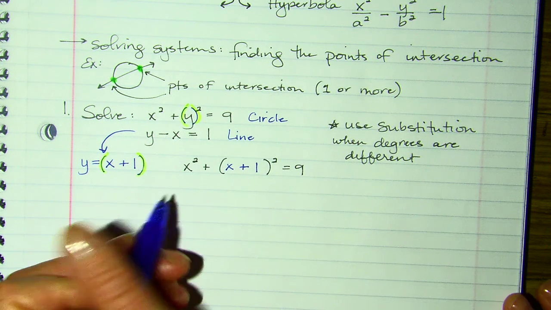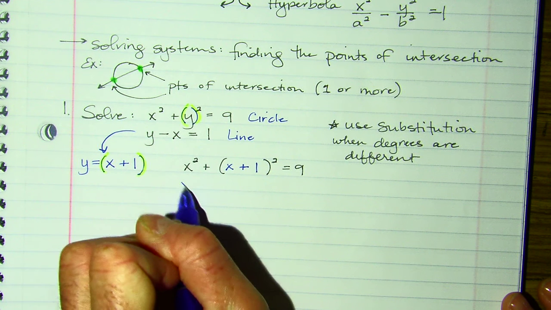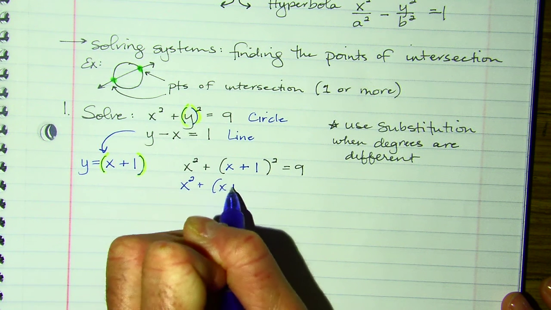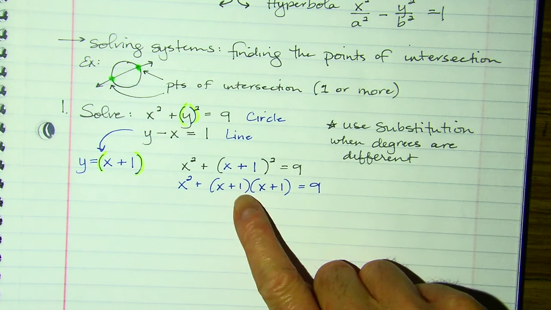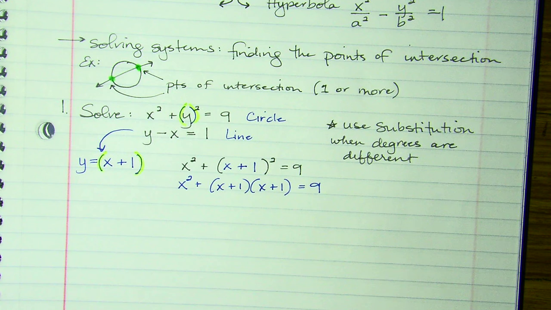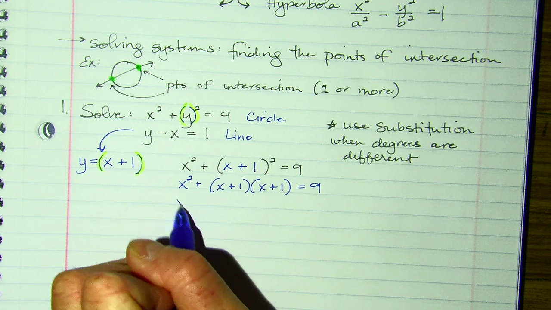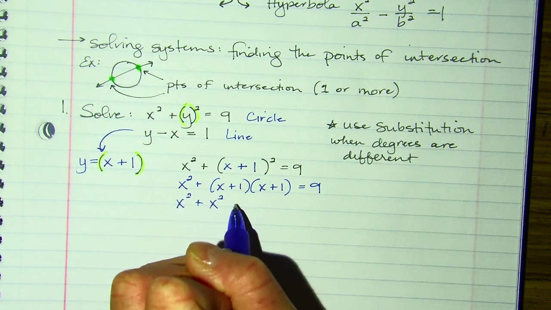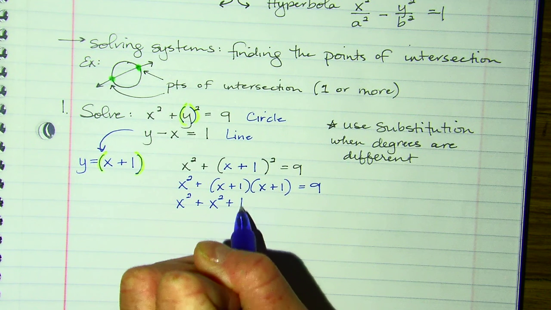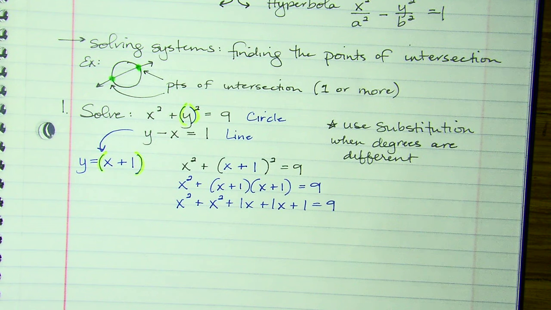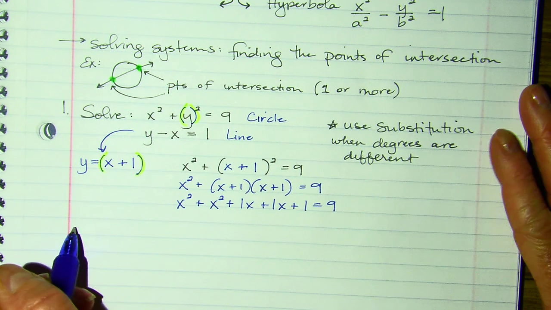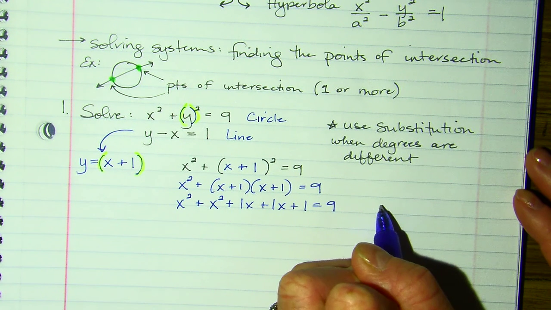So now I'm going to multiply. So that would give me x squared plus x plus 1 times x plus 1. Hopefully, through this class, you're going to get really good at multiplying binomials, identical binomials. So that gives me x squared plus 1x plus 1x plus 1 equals 9. And we can either solve using the quadratic formula or using factoring, but more than likely we're going to use the quadratic formula.